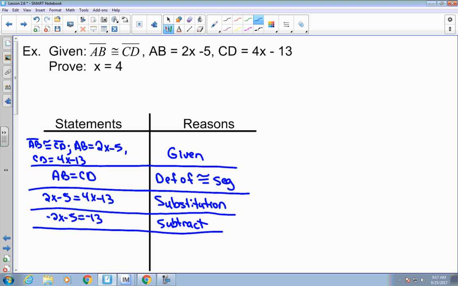What should we do next? Add the 5 to both sides. So that's negative 2x equals negative 8. And that would be addition. And then what am I going to do? Divide. So I get x equals 4, and that is division.